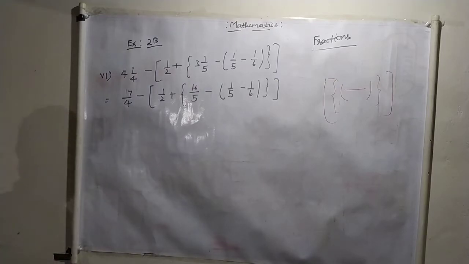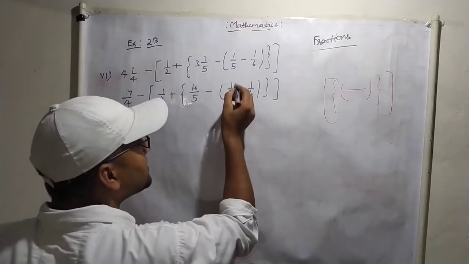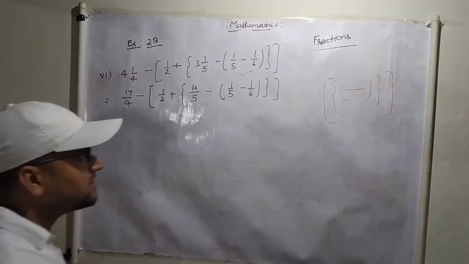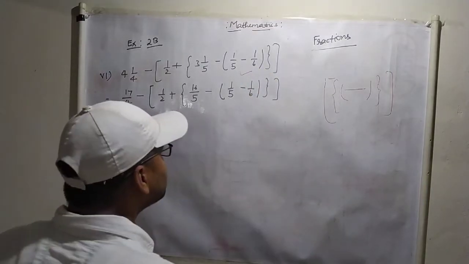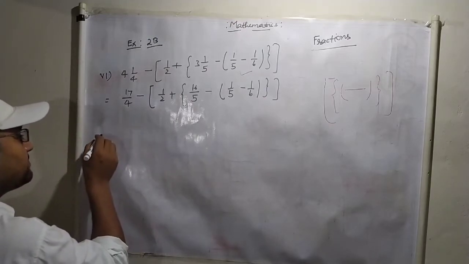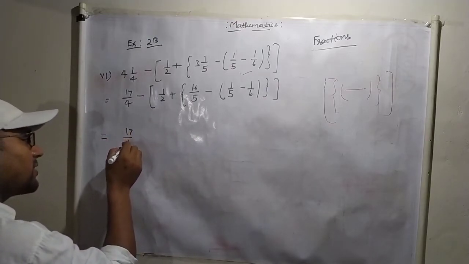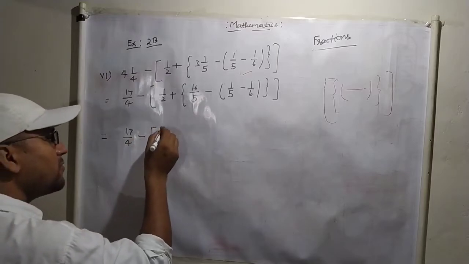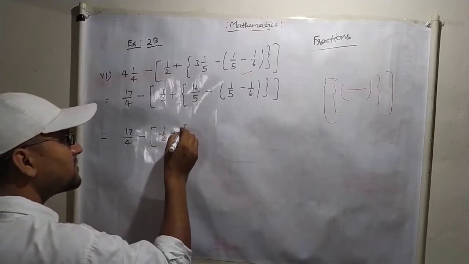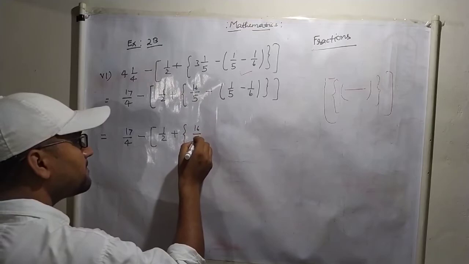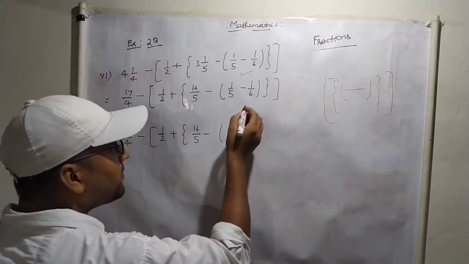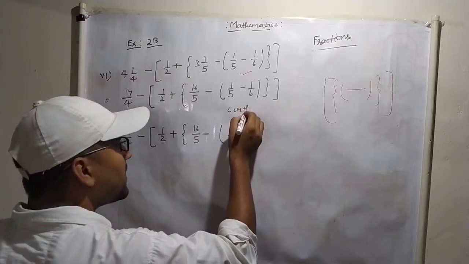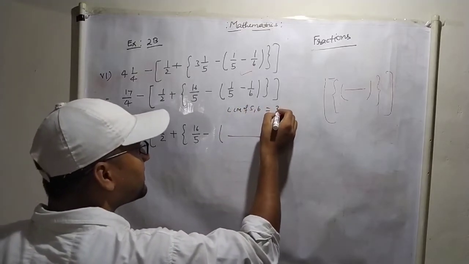So in this one, first I'm going to solve this small bracket. Taking the LCM of 5 and 6, you will get 30. 17 by 4, write as it is, 1 by 2 plus 16 by 5 minus the LCM of 5 and 6, which is 30.